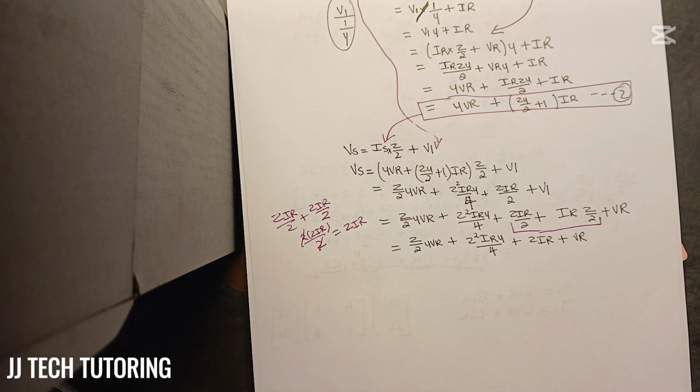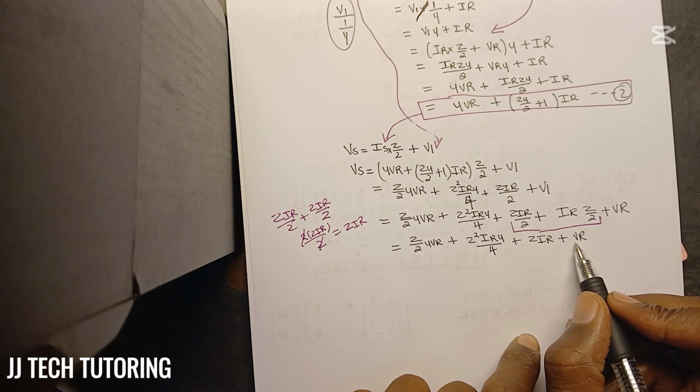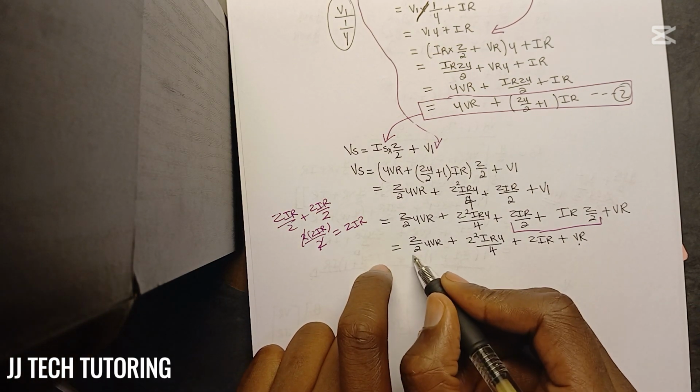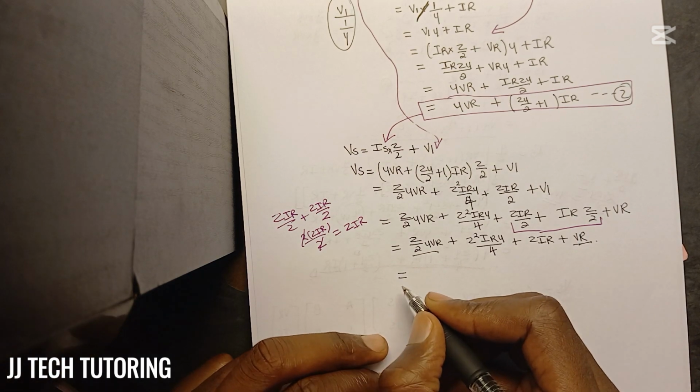Right, now we have got VR. We have got VR that seems to be alone and bored, right? But then otherwise we have VR here. We can take this to the same side and do the factorizing. Right?